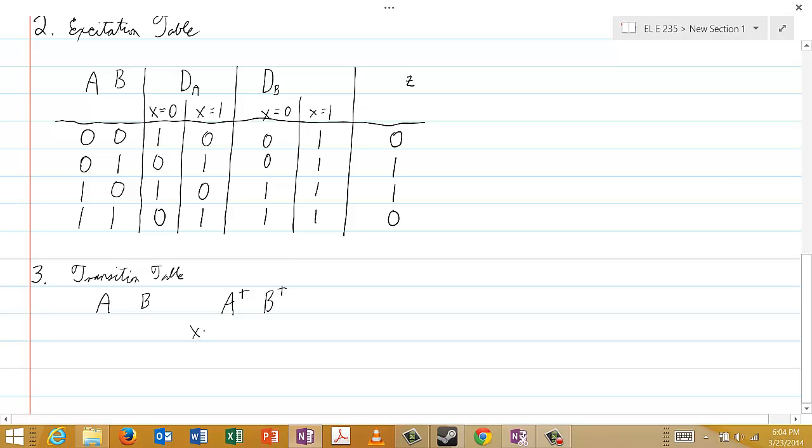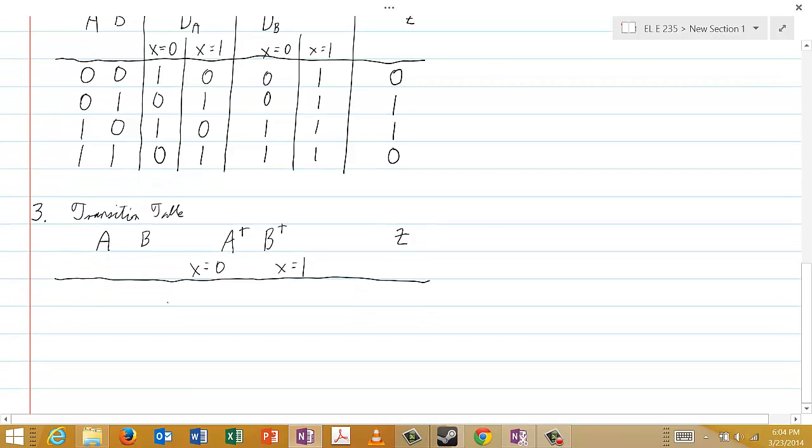So I'll say x equals 0 and x equals 1. And then, of course, as usual, we'll have z, which does not depend on the present value of x. So when we put all this together, we'll have a table, the outline of which will look like this.